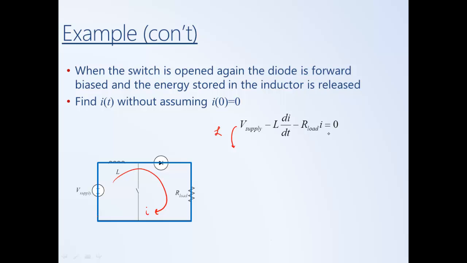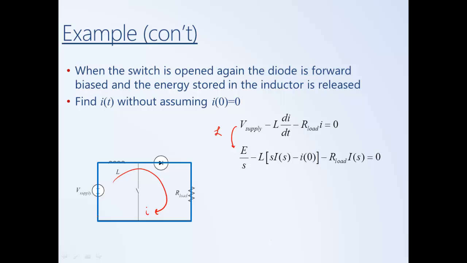The Laplace transform of I of t will become I of S. So this is the Laplace transform of that differential equation, where again we can no longer assume that the current is initially 0. The value of this is whatever the current was at the time that the switch was opened.